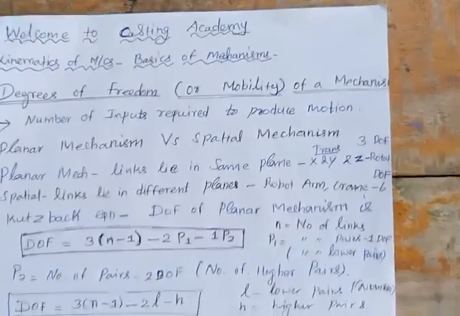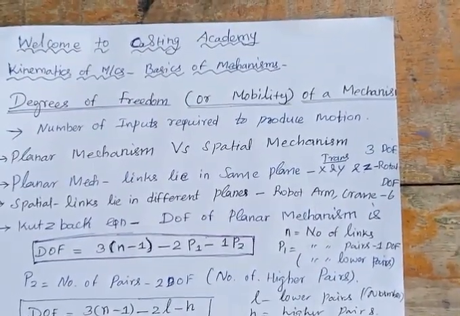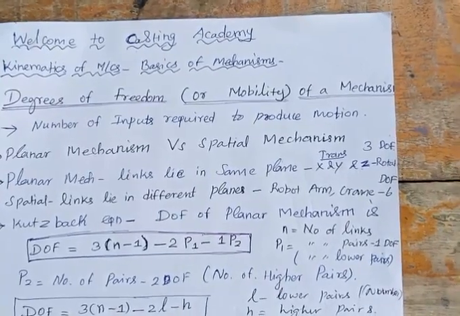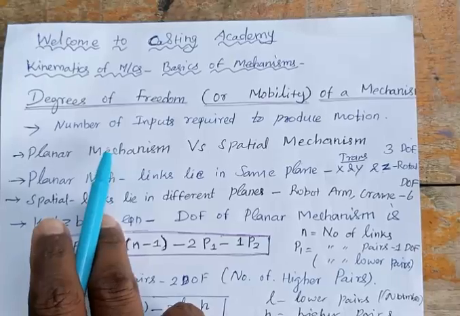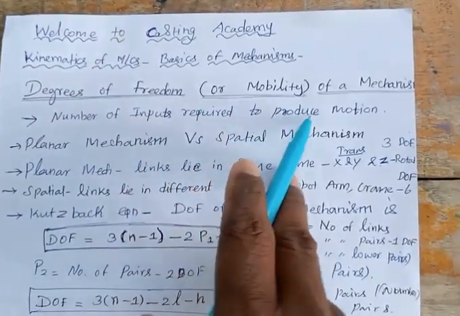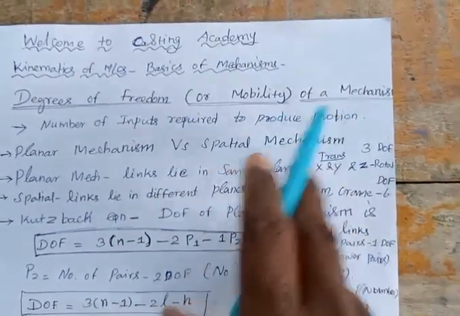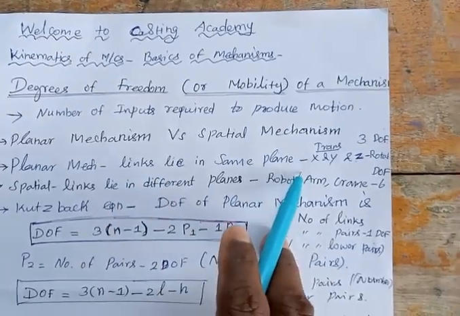First of all, what is degrees of freedom? It is the number of input motions required to produce constrained motion in a mechanism. Planar mechanism versus spatial mechanism.